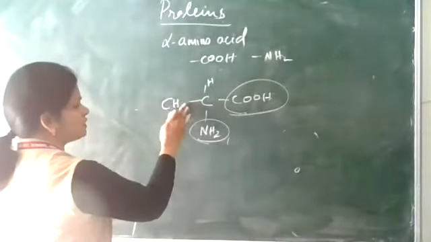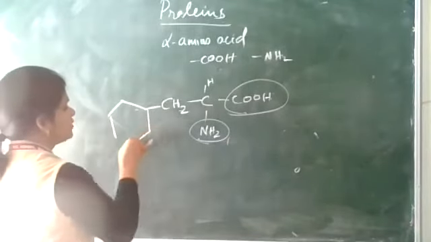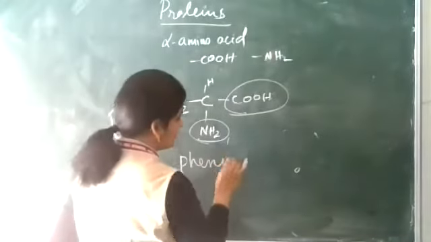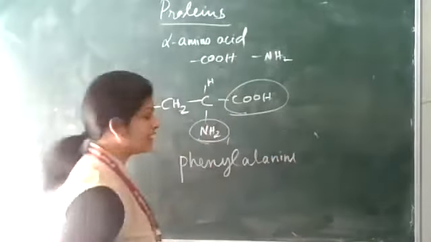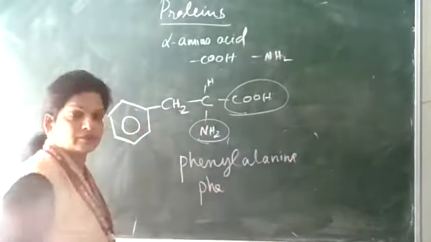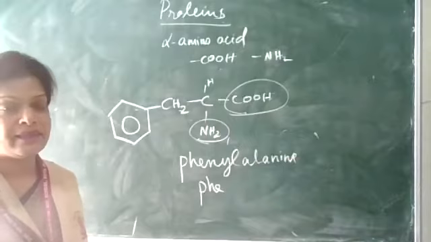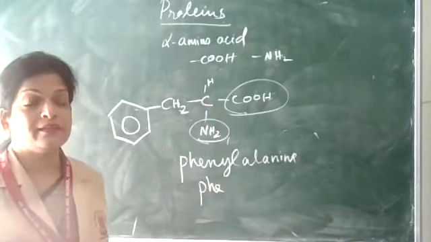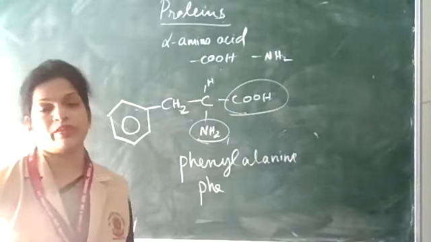Now, if I replace one H from here and attach a phenyl group, then we call it phenylalanine. We show it by PHE or F. So glycine, alanine, phenylalanine, valine, leucine, isoleucine, like that 20 amino acids are there.